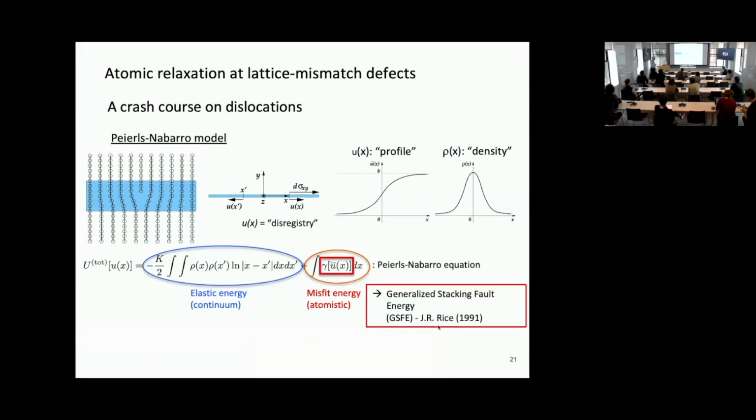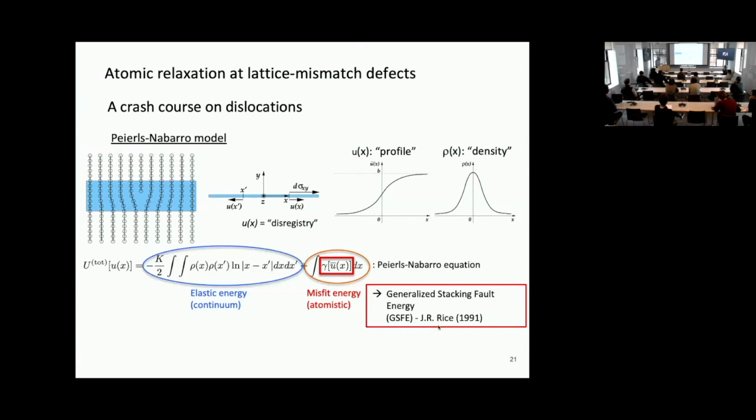The way to calculate these extra contributions, the so-called misfit energy, was first proposed by Jim Rice. This is a seminal paper by Jim Rice, who came up with this idea of the generalized stacking fault energy. This is the idea that if you cut the perfect crystal into halves, and you slide the top half with respect to the bottom half in all the possible ways, for a single periodic unit cell, you generate an energy landscape.